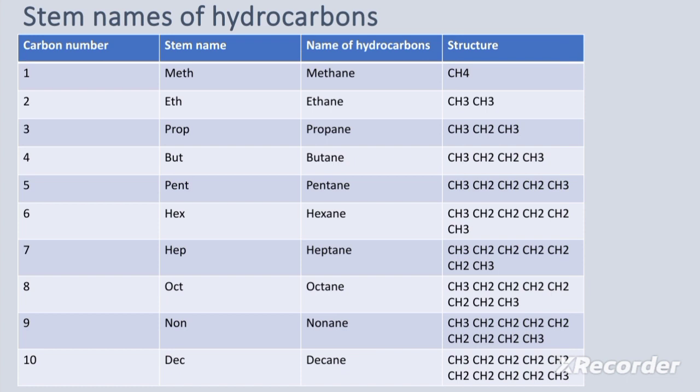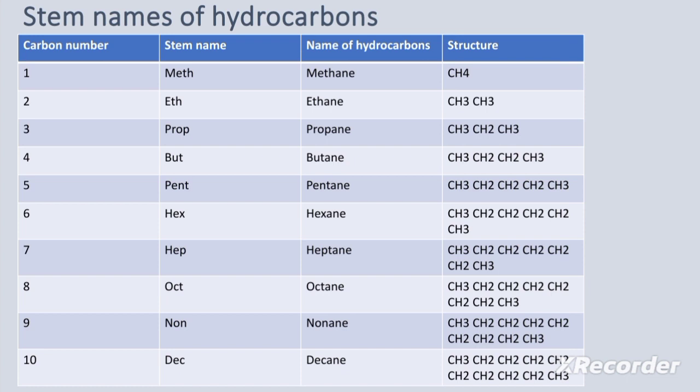If there are only two carbons in an alkene, we call it ethene. If there are only two carbon atoms in an alkyne, we call it ethyne. Likewise, we add the suffix to the stem name. The stem name is taken from the number of carbon atoms in the molecule, right?